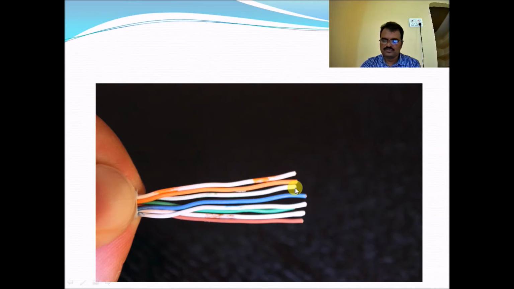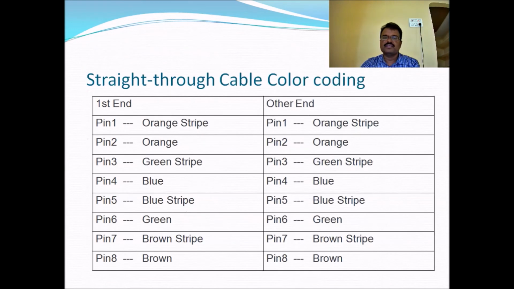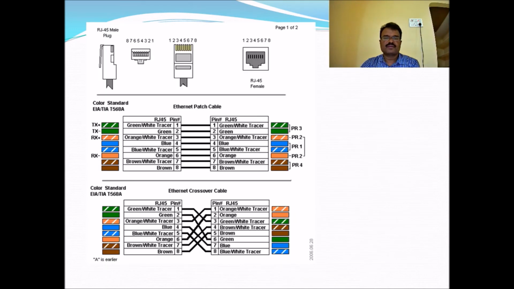If you want straight through cabling, we have to arrange according to straight through cabling. If you want crossover cabling, we have to use the crossover cabling wire positions. Here you can also see this is color standard 568A, an Ethernet cable, and here the arrangement of pins and wires.